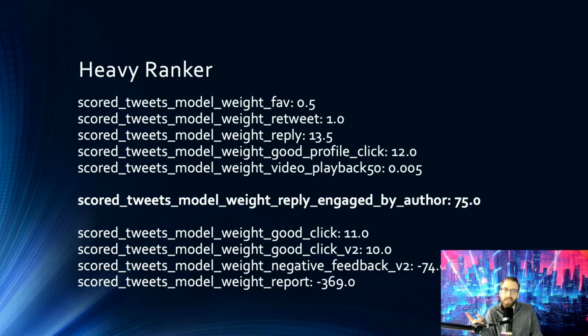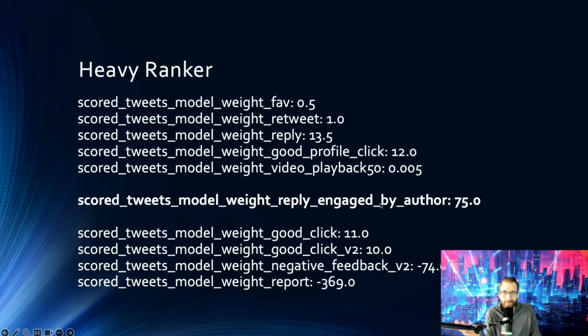But if I'm just going to rank these 1,500 tweets, if someone favorites a tweet, that's only worth 0.5 points. Whereas, based on the name of this variable, if someone replies to my tweet and then the author, I being the author, engage them, that's worth 75 points.